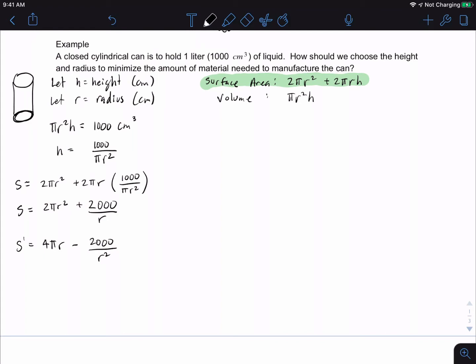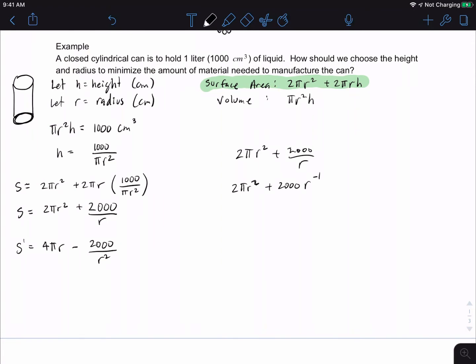Okay, so 2 pi r squared plus 2,000 over r, I'm going to rewrite as 2 pi r squared plus 2,000 r to the negative 1 power. By the power rule, this 2 here is going to come down front, so I get 2 times 2 pi r to the 2 minus 1.